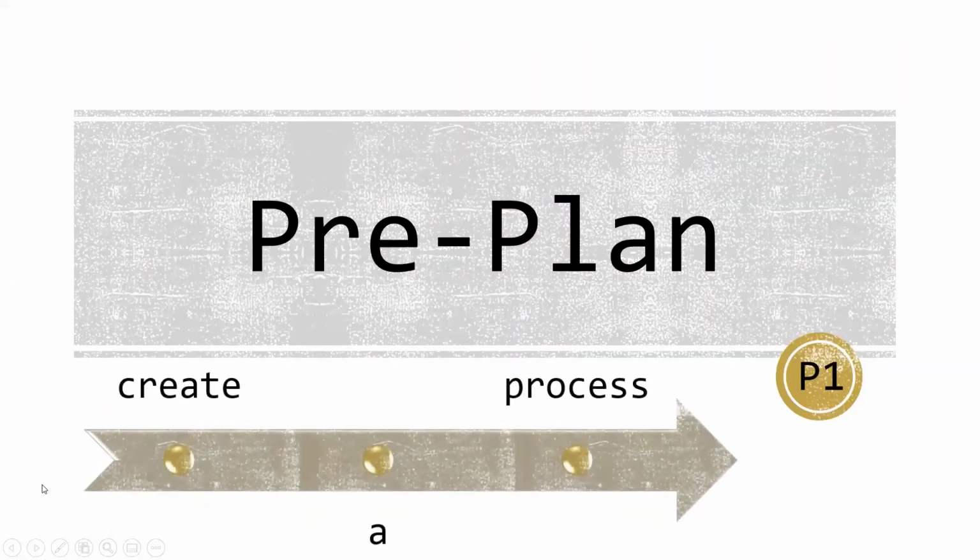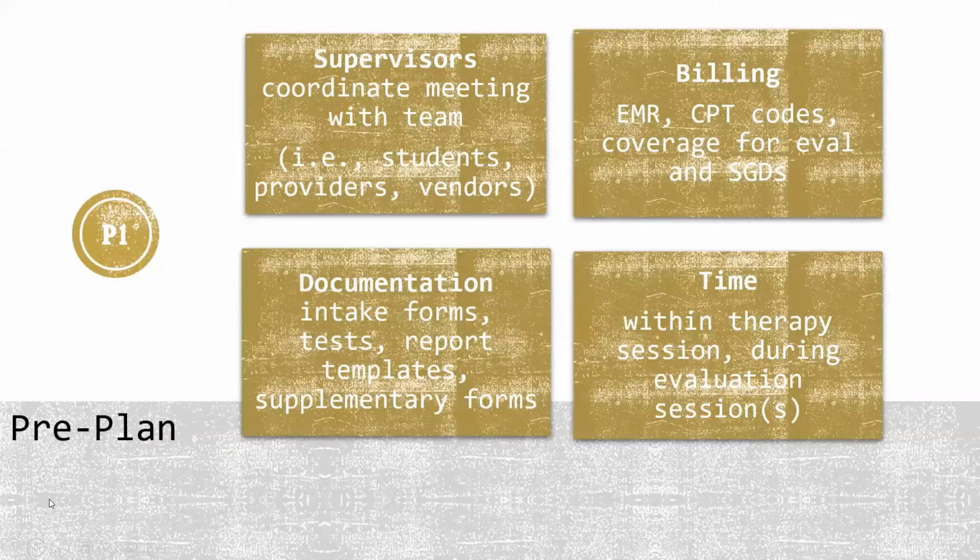So let's start with P1, pre-plan, which is create a process. As discussed briefly just now, it was really important that we came up with a process that was clear and that we were using vetted evidence-based practices and resources. So part of that pre-planning kept all of those things in mind.